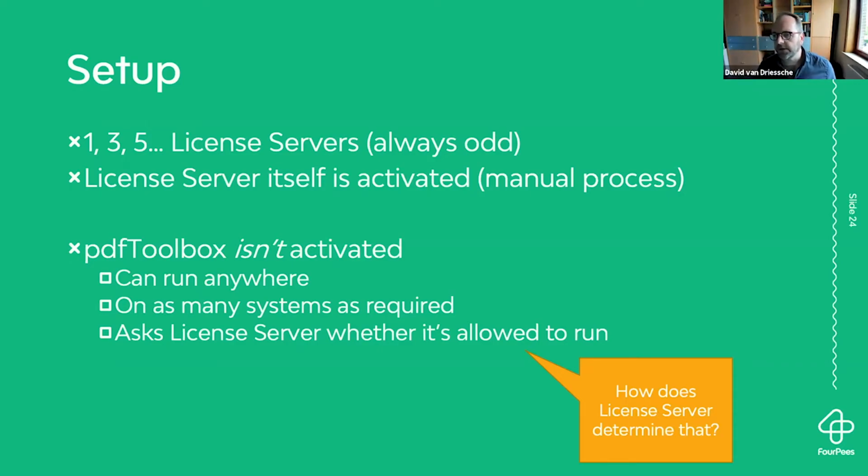And if it can connect to one, then the rest is ignored. It just needs to get an answer from someone. But of course, you need to pass all of them on your command line call, for example, because if license server number 1 blows up, then it's not going to answer. And then PDF Toolbox is going to try with one of the other ones.